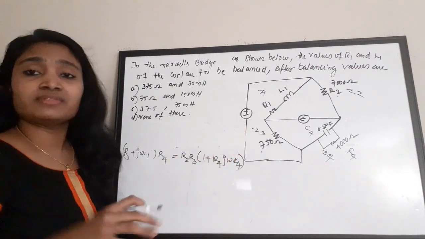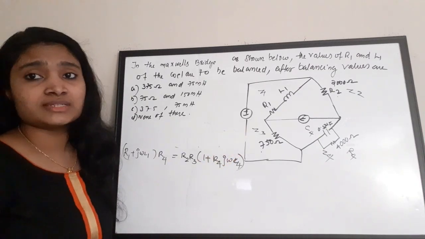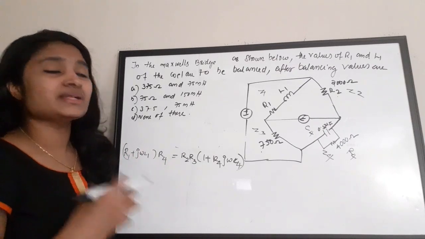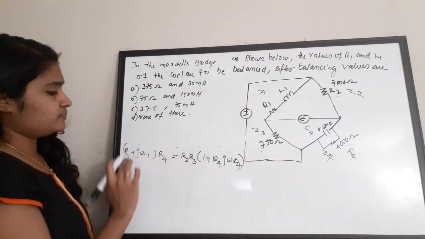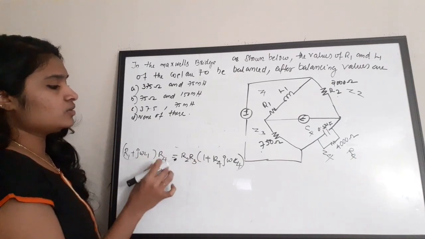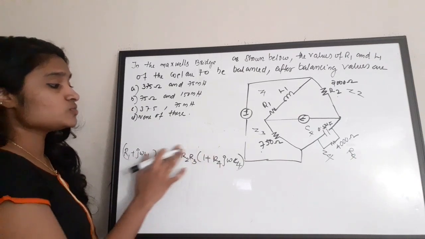In this video I have included not a very simple question, I try to include a little bit higher end questions. So this is the equation we are getting. Now I'm going to multiply all the terms inside the brackets and expand it.